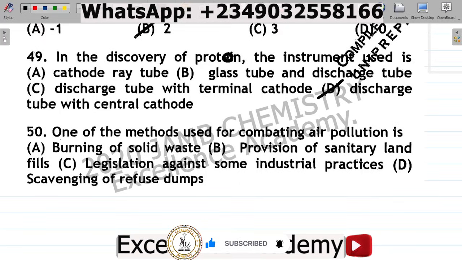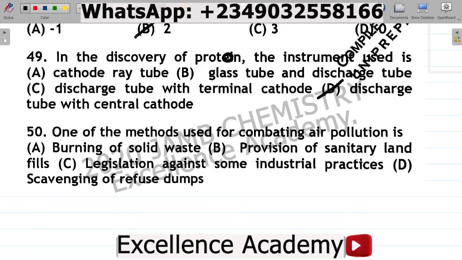Now, you want to note that if we choose to burn solid waste, it will cause air pollution. So A cannot be the answer. B, if you provide sanitary landfills, you're only trying to cover up waste. But whichever way you try, you still have the smell from waste going up to the atmosphere. So B is not the correct answer.